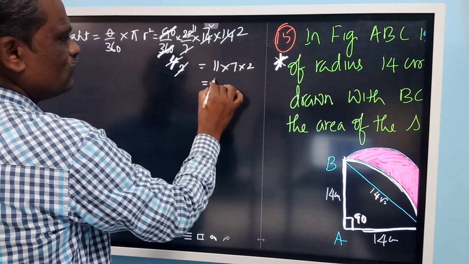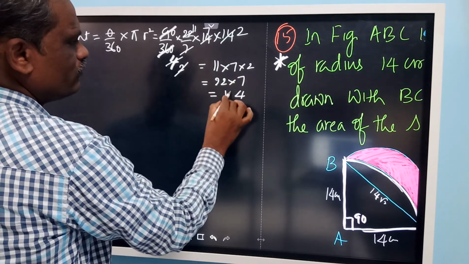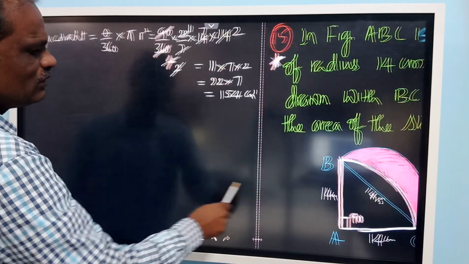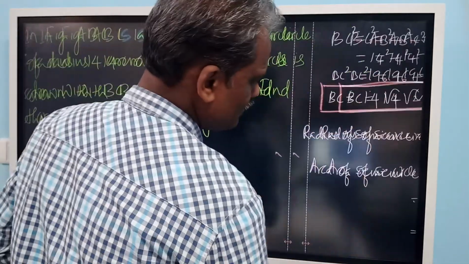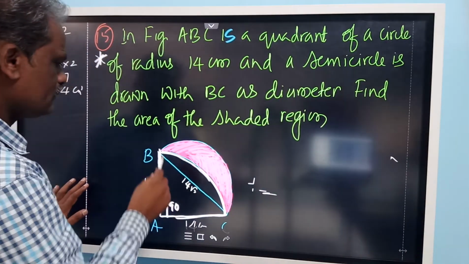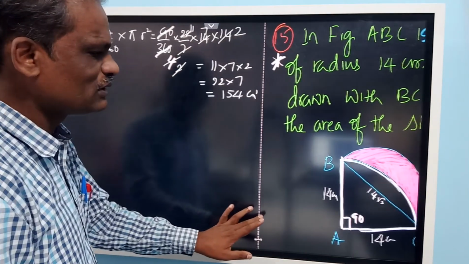So 22 into 7, 154 centimeter square again. So this is also 154 centimeter square. This semicircle also is 154 square, then the quadrant also is having 154 centimeter square.